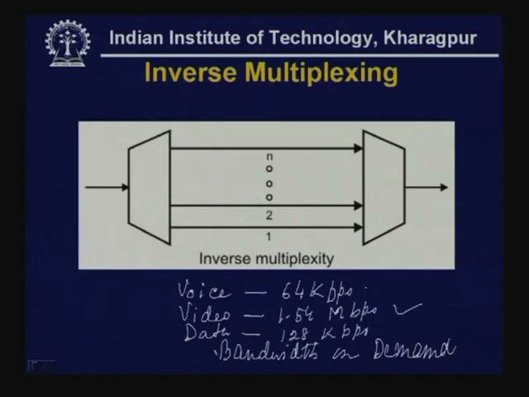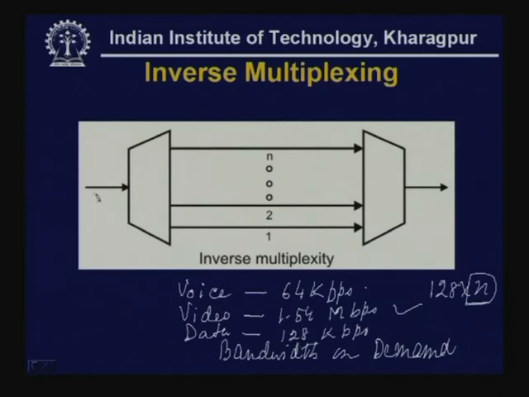They can have several 128 kilobit channels available, and that number can be made available depending on the requirement. So, the bandwidth required can be available in terms of 128 into n. That value of n is decided by the requirement at a particular instant.